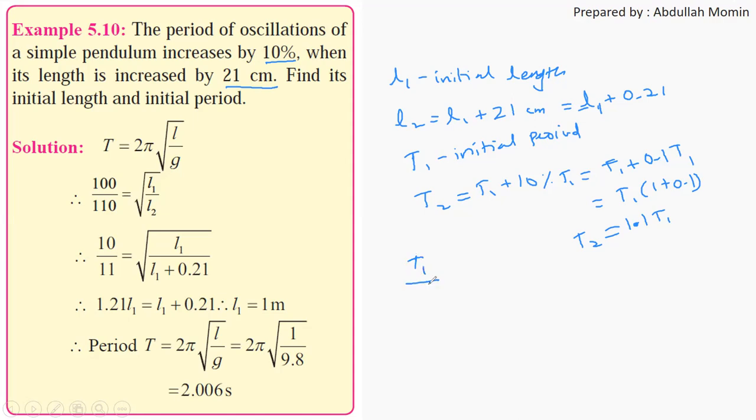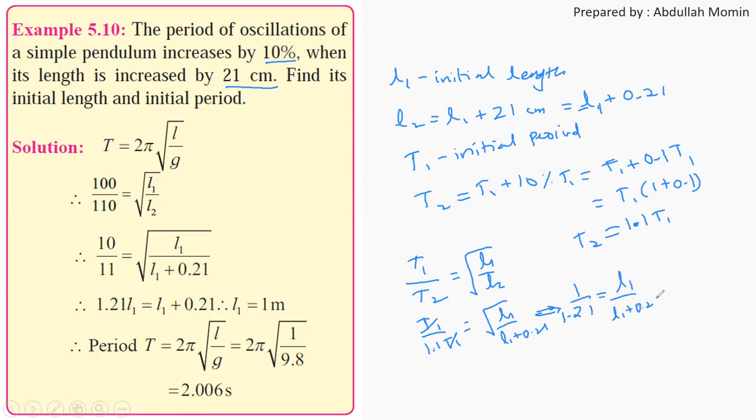So T1 upon T2 is equal to root L1 upon L2. If T2 is 1.1 T1, then we can write it in terms of L1 plus 0.21. This T1 gets cancelled, and squaring on both sides, we will get 1.21 as L1 upon L1 plus 0.21. Cross multiplied, 1.21 times L1 plus 0.21 equals L1.